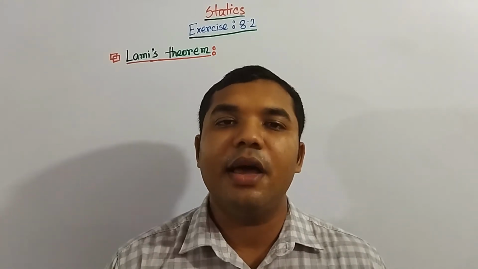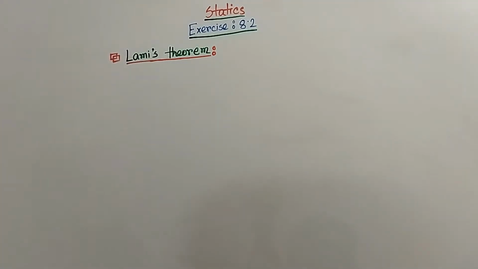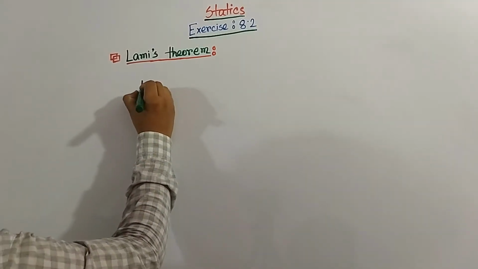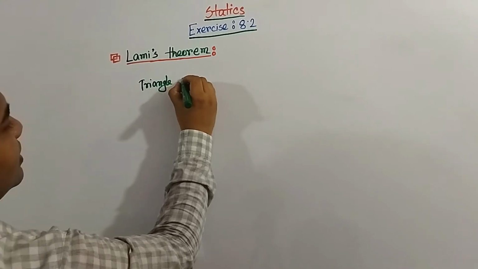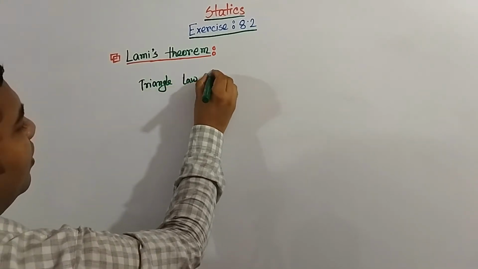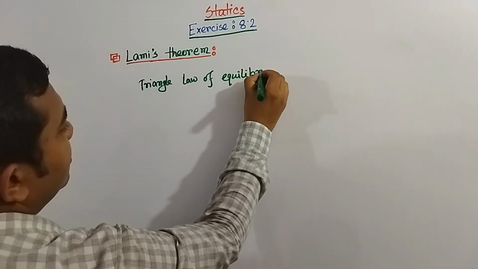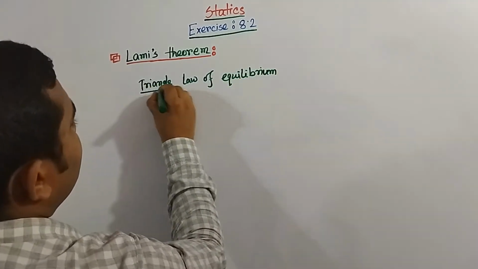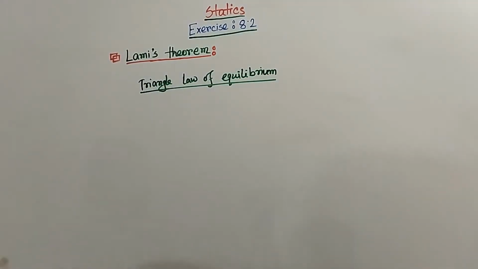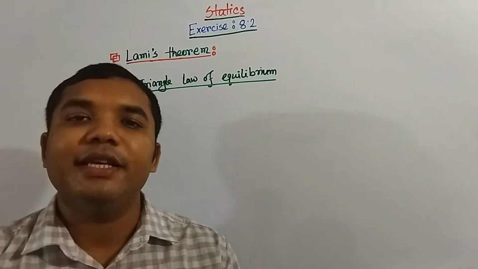To understand Lami's theorem, we need to first understand the triangle's law of equilibrium. What does this law actually express?